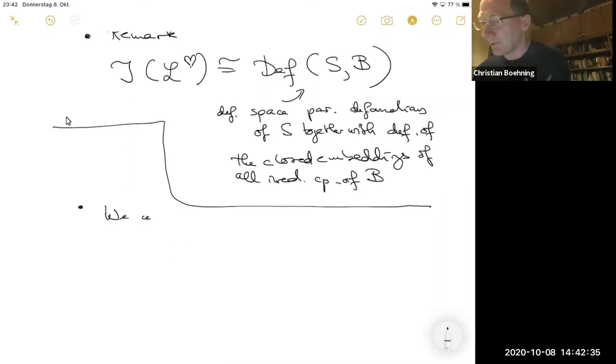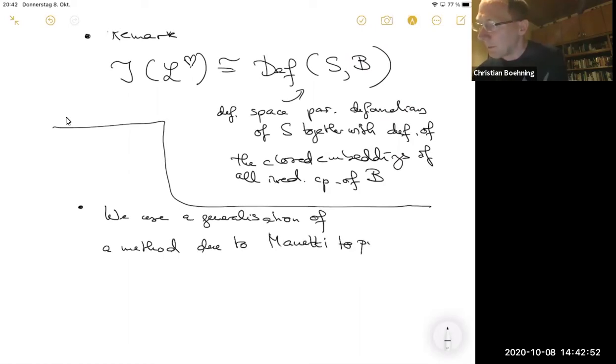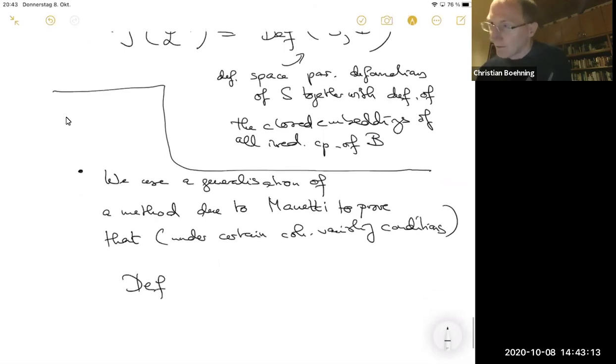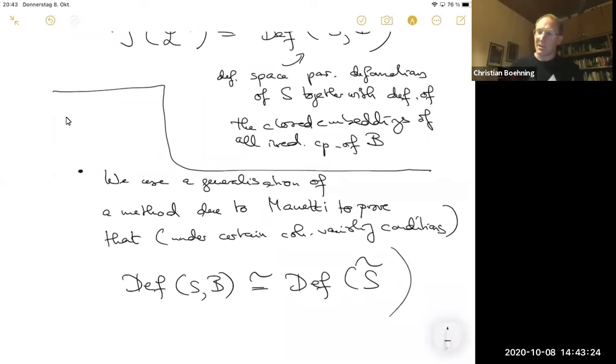Let me here just say we use a generalization of a method due to Manetti to prove that, well, under certain cohomological vanishing conditions, etc., the deformations of A, B are isomorphic to the Kuranishi space of S tilde.